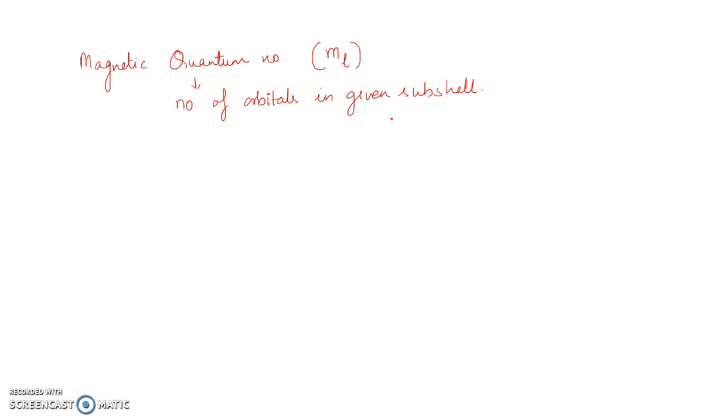In a subshell, there could be different regions in different directions, so there are orientations in different directions. So we say the number of orbitals in that.